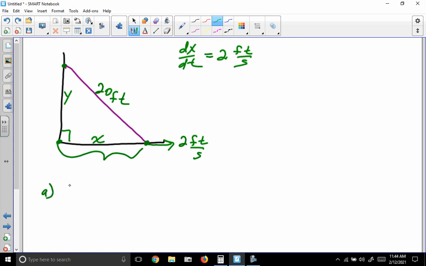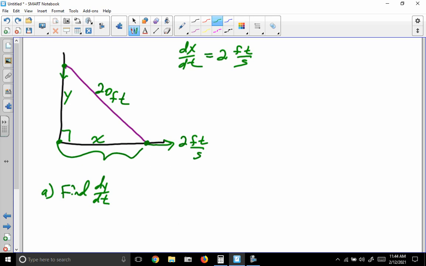So A, we could say find dy/dt. Notice if the bottom is sliding to the right, the top would be going down. So y would be getting smaller, so we would anticipate dy/dt to be negative because y is decreasing.